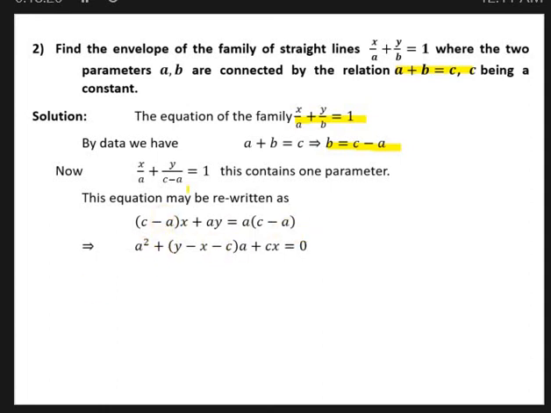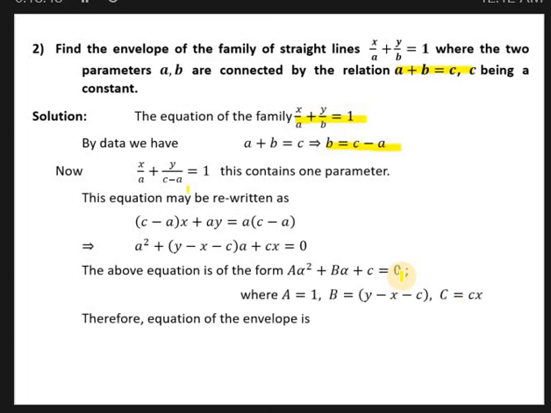So we get a square plus y minus x minus c into a plus cx is equal to 0. Now, the above equation is in the form of A alpha square plus B alpha plus C is equal to 0. Therefore, here A value is equal to 1, B value is equal to y minus x minus c, and C is equal to cx.